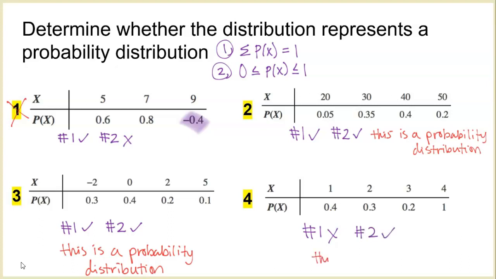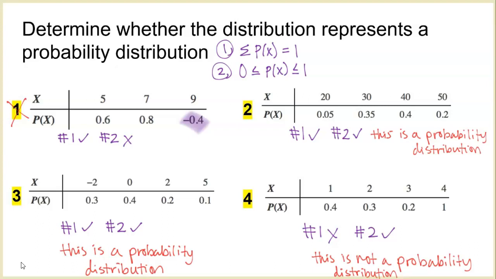But the second condition does work, because each value is between 0 and 1, or it can include 1, so each of these could have been 0, and that could be 1, and that still checks out. But ultimately, both conditions have to be met for this to be a probability distribution, and they're not. So two of the distributions are not probability distributions, 1 and 4, and 2 of them are probability distributions.